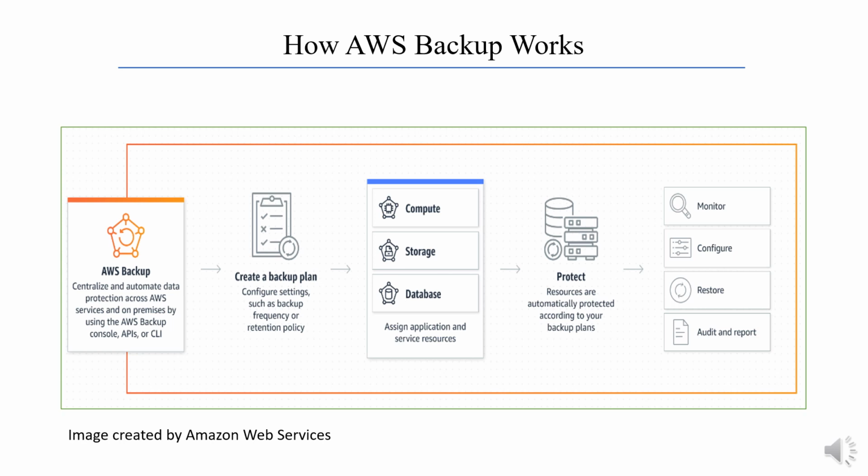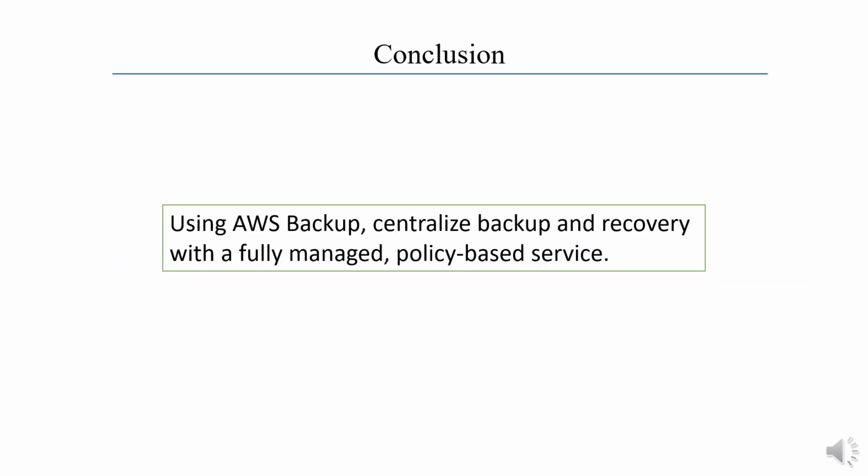We recommend you read the diagram and get a better understanding of how AWS Backup works in a typical application environment. In conclusion, use AWS Backup and centralize backup and recovery with a fully managed, policy-based service. That's all about AWS Backup. Thank you and see you in the next lesson.